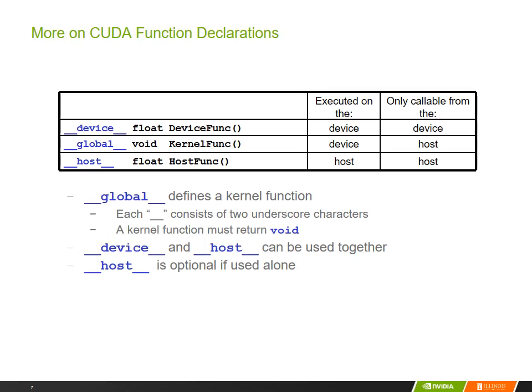One version will be used on the host, and one version will be used on the device. And the second one is that the __host__ designation is optional. If a function is not preceded by any of the three keywords, then that function is treated as a host function.